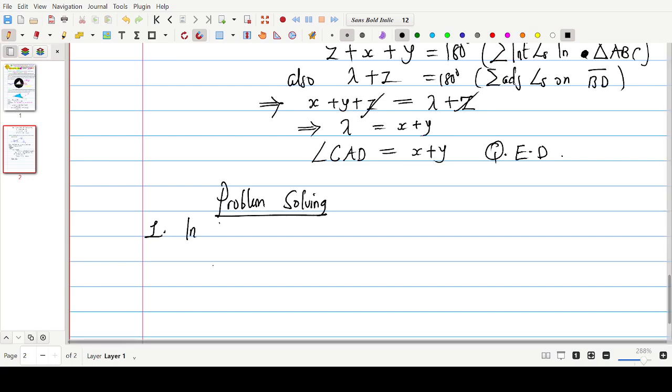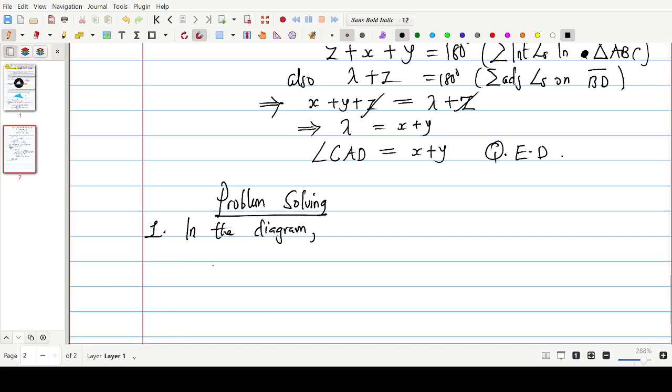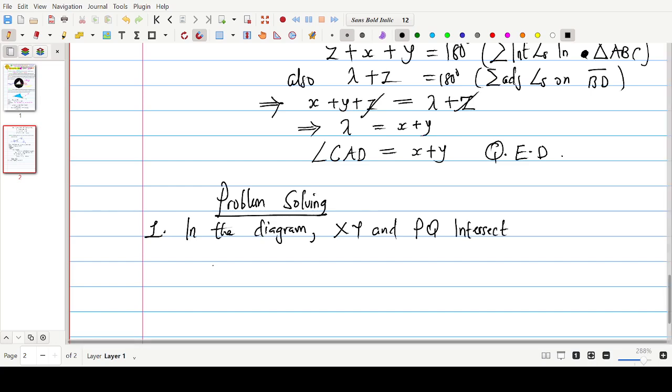In the diagram, XY and PQ intersect at O. The angle TOQ equals 64 degrees.